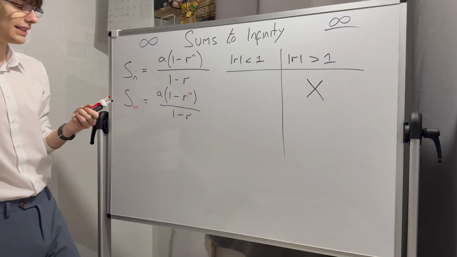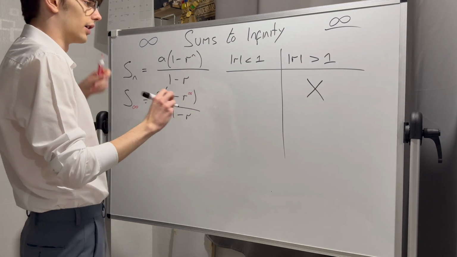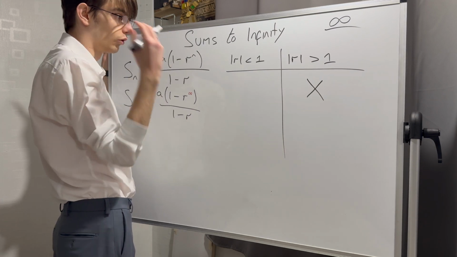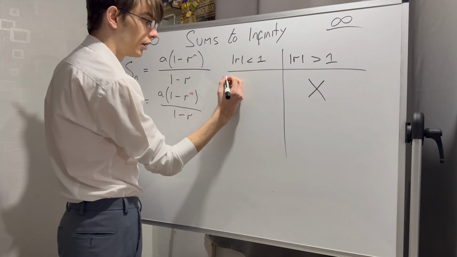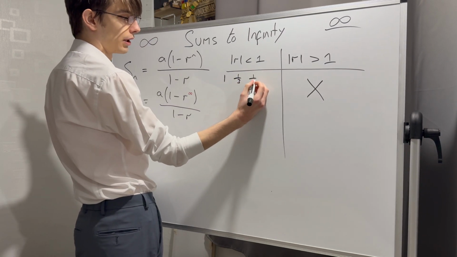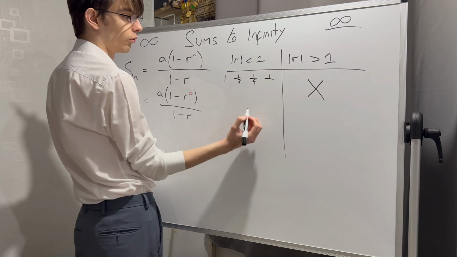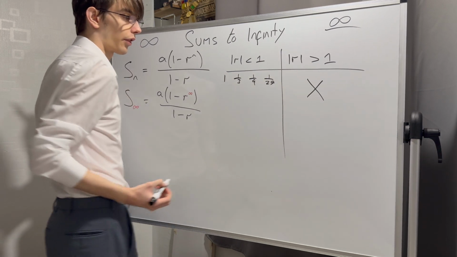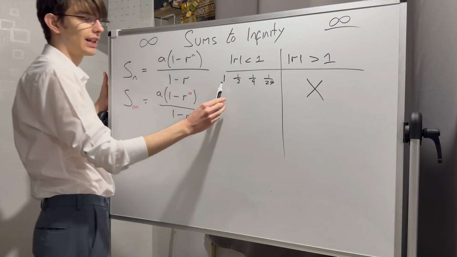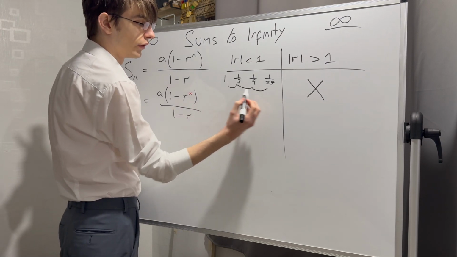But when r is less than 1, as I showed earlier, if it's a fraction, so for example a half, or I'll do a third because I did a half earlier, if I start with 1, my next number will be a third, my next number will be a ninth, my next number will be a 27th, and so on. And in this case, my numbers are getting smaller every time.